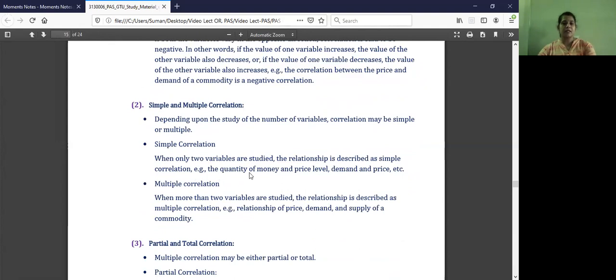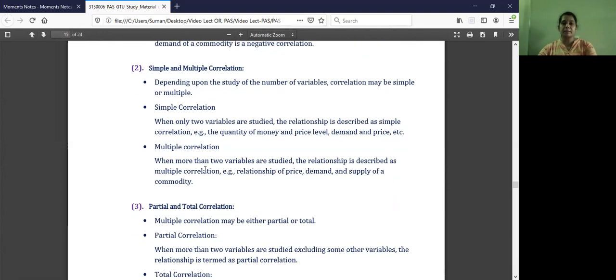For example, the quantity of money and price level, demand and price. That means only two variables are used, money and price level or demand and price, etc. This is an example of simple correlation.